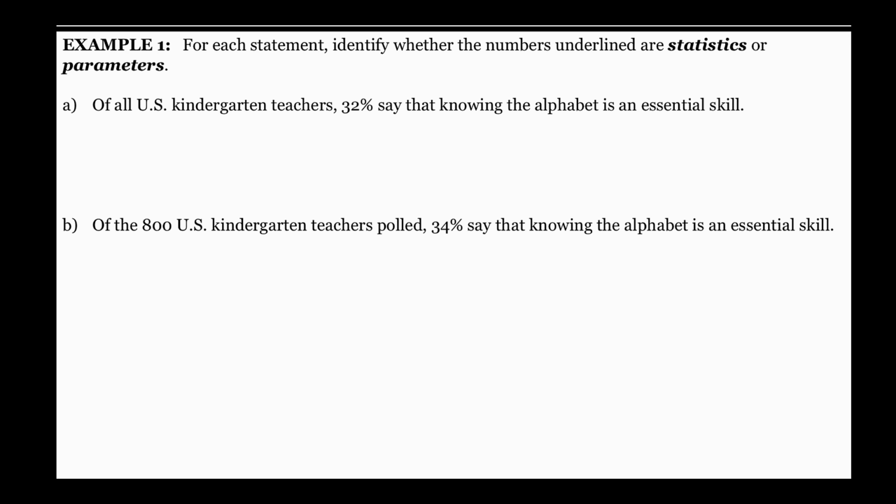Let me see, which numbers should have been underlined? Here we go. Okay, the part that should have been underlined is here. So underline it on yours. That should have been underlined, and that should have been underlined right there. So match mine to yours.